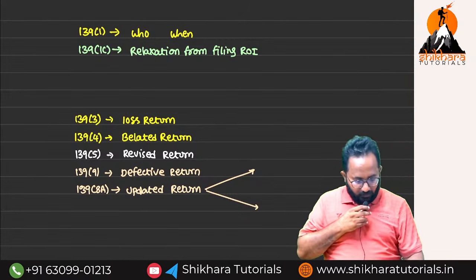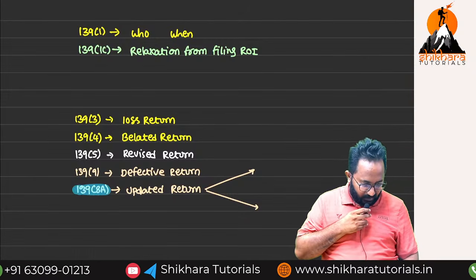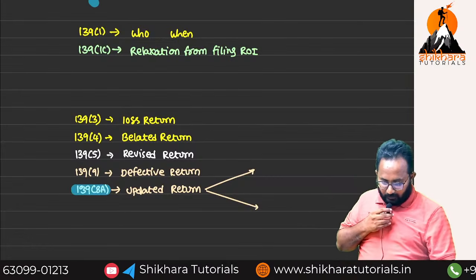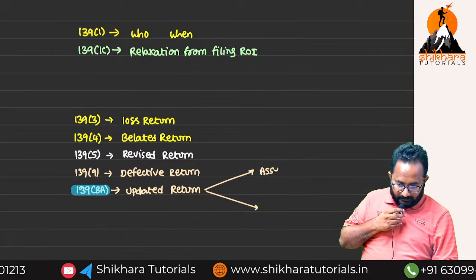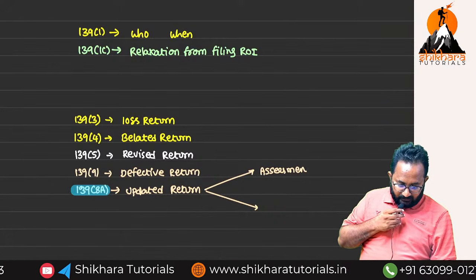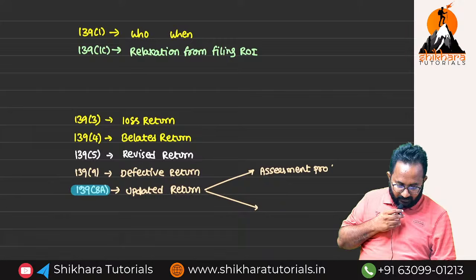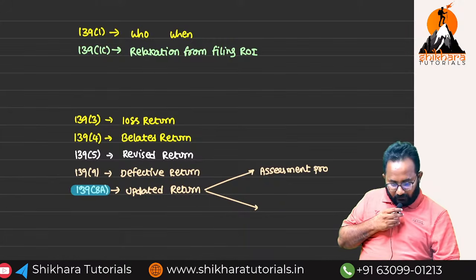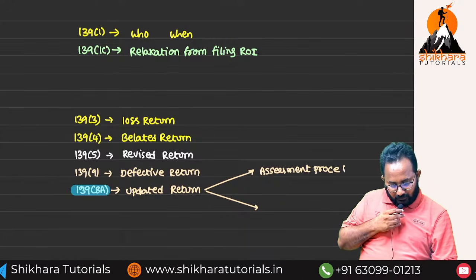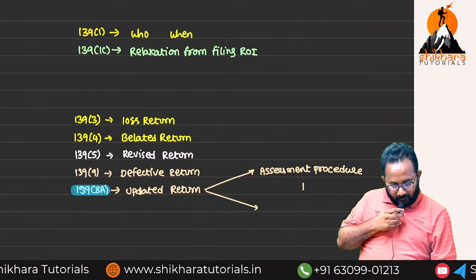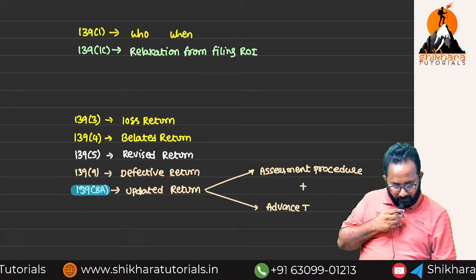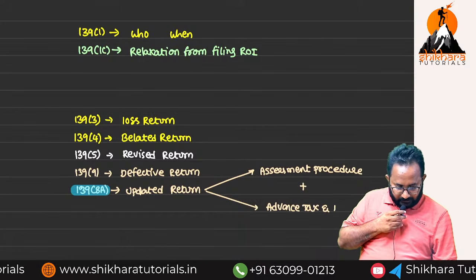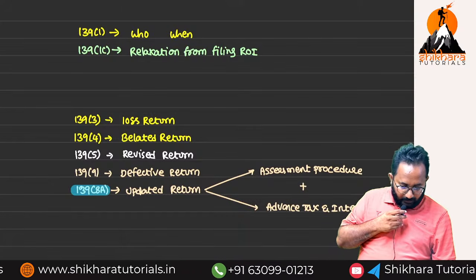Because to know the updated return concept in and out, you need knowledge of two chapters. One is the assessment procedure chapter, and the other is the advanced tax and interest chapter. After these two chapters, I will tell you about the updated return.